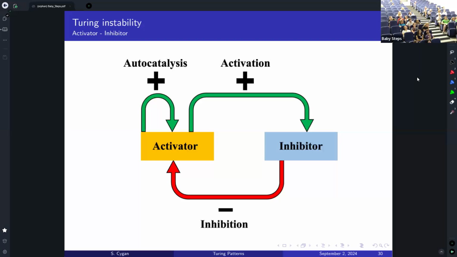And the second one will be an inhibitor. The activator is the substance that is produced, and it stimulates itself to even bigger production.